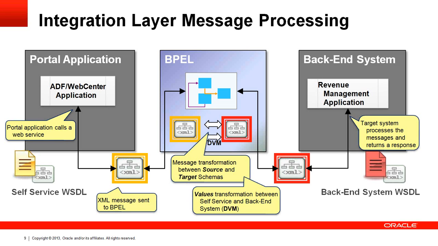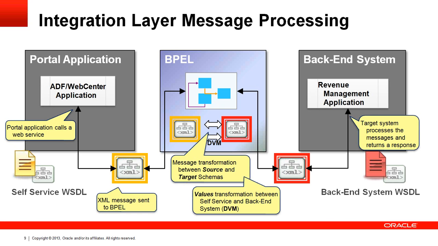Now the format of that XML message will be predefined, and the product comes with documentation of all the web services that we use in the product through web service definitions. That's what's referred to here as WSDL. When the message gets to BPEL, there could be two things in that layer.